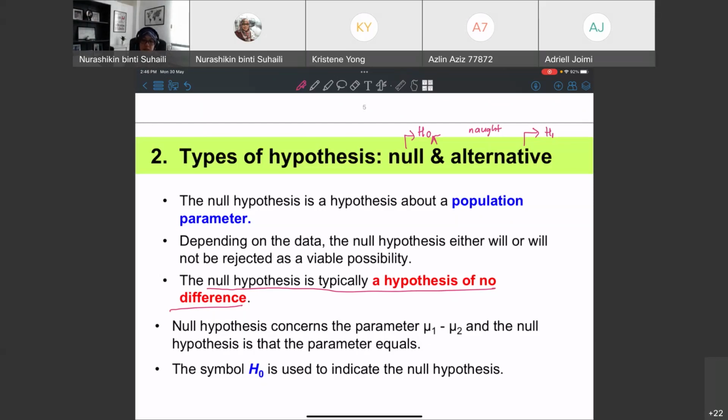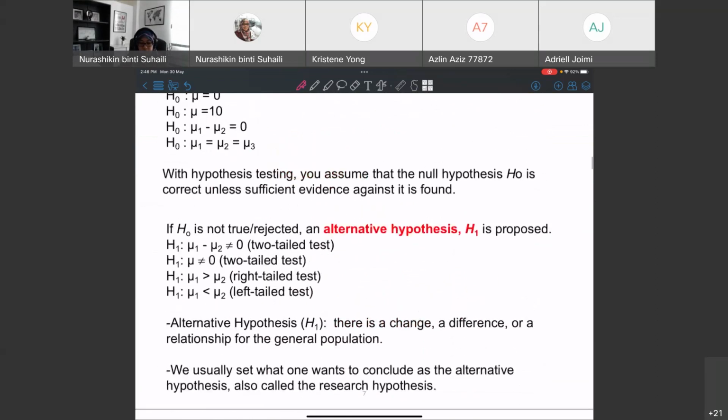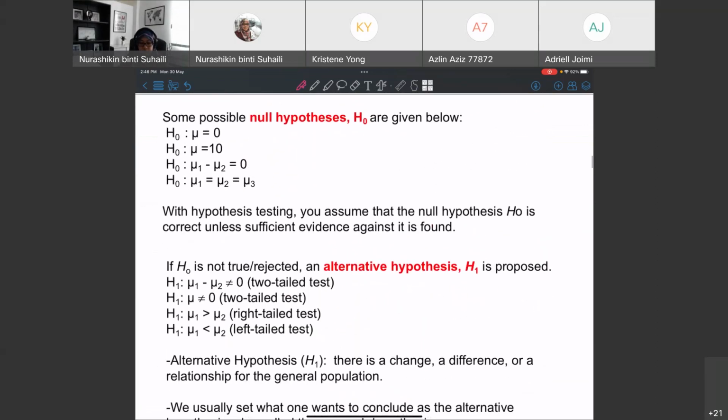The null hypothesis always says that there is no difference, no change, or nothing happened actually. Okay, so that's the nature of the null hypothesis. Whereas the alternative is the opposite.